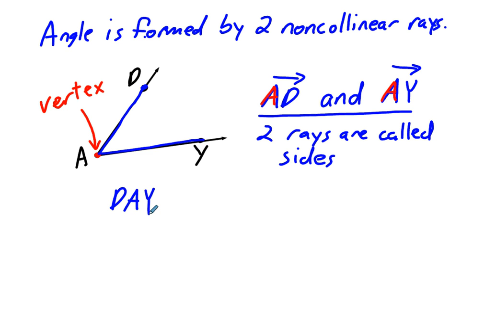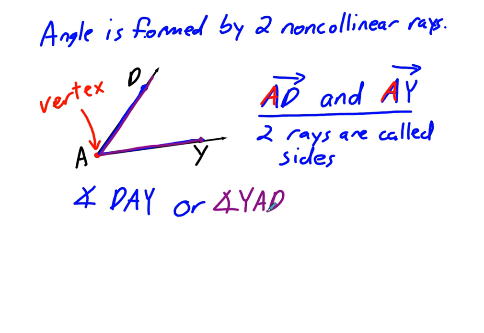To show that we're naming an angle, we put an angle symbol in front. It doesn't matter what direction we go, so we could start at point Y and go this direction. In that case, we would name it angle YAD.